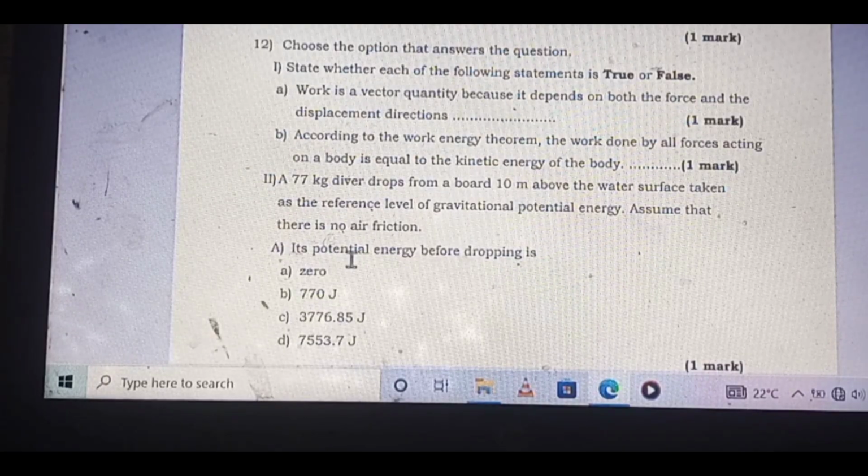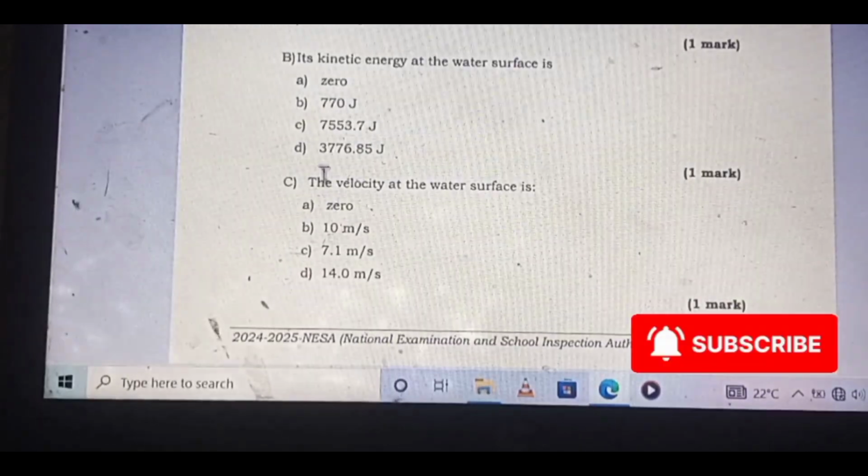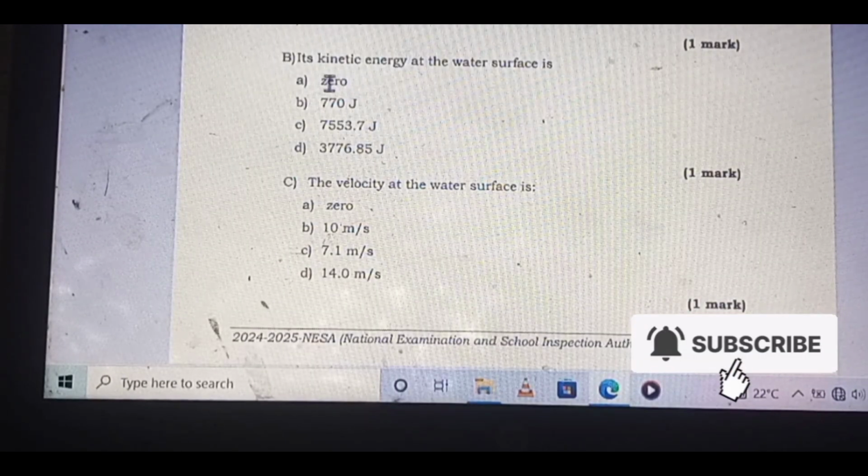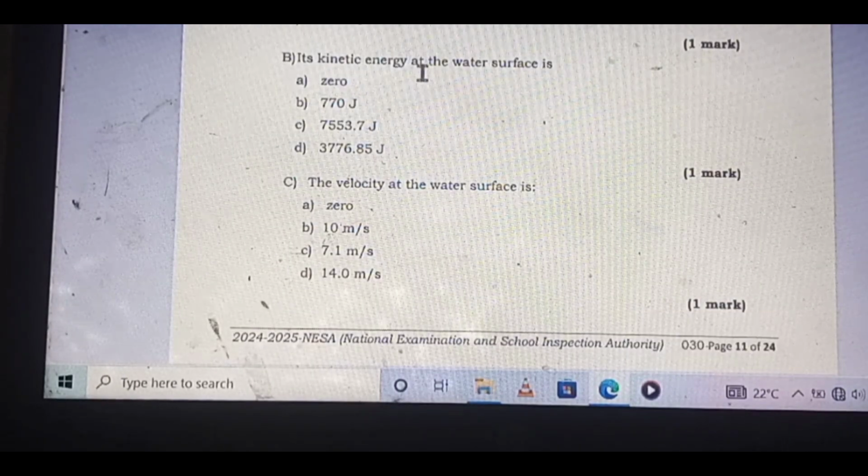A. Its potential energy before dropping is. The correct answer is letter D, 7,553.7 joule. B. Its kinetic energy at the water surface is.